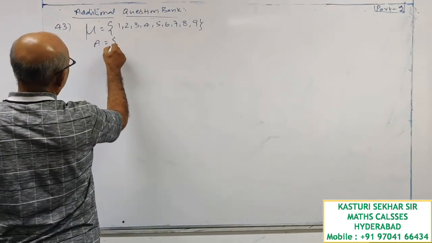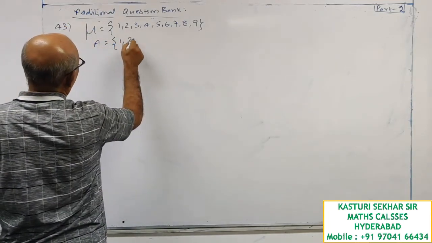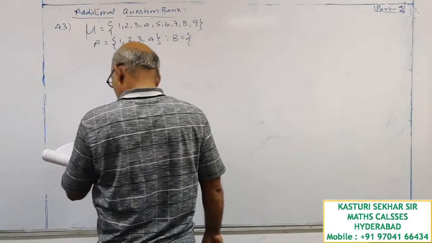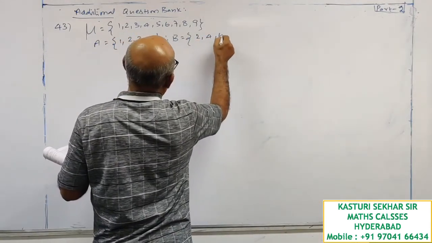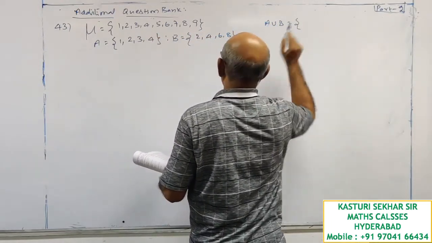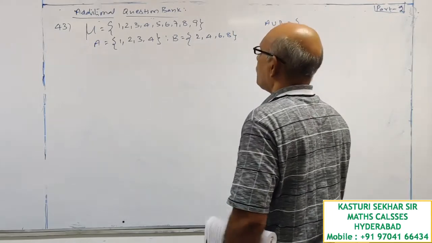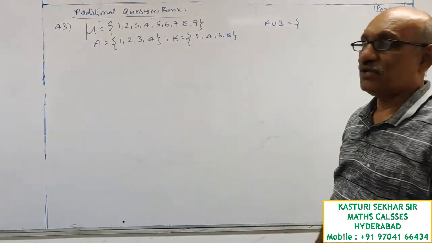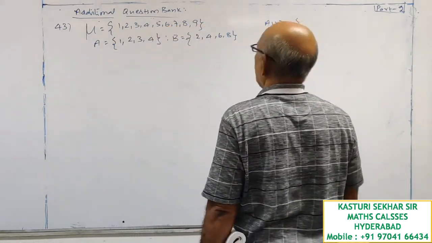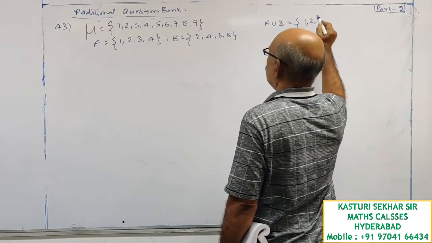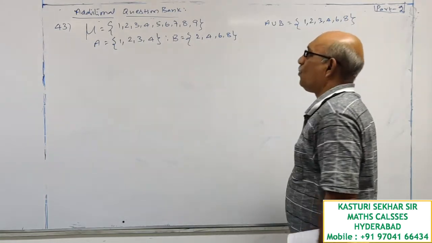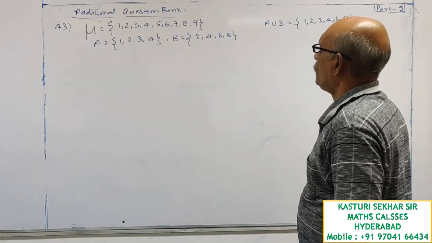A is a set having elements 1, 2, 3, 4. B is another set having elements 2, 4, 6, 8. Then A union B is equal to what? A union B means elements of set A or elements of set B or both. Double counting you have to avoid. So it is 1, 2, 3, 4, 6, 8.